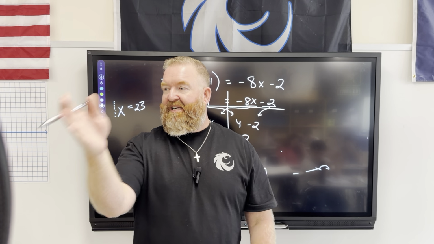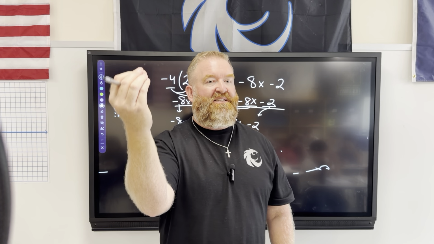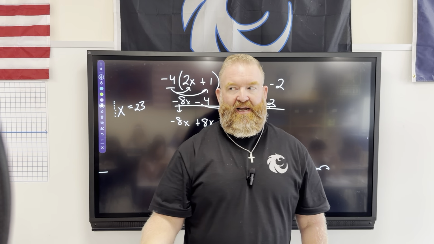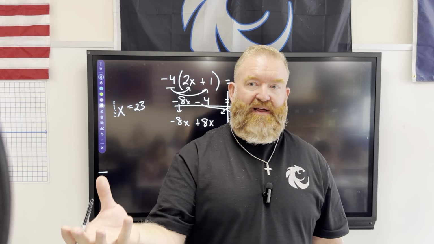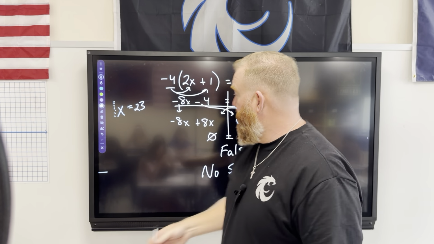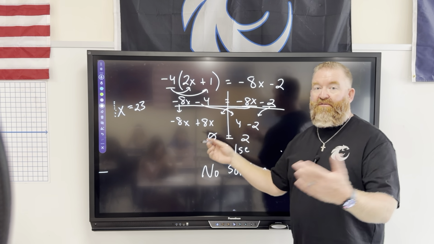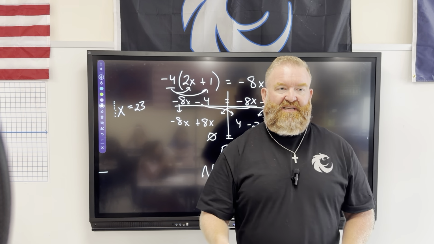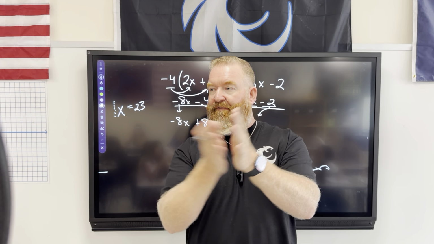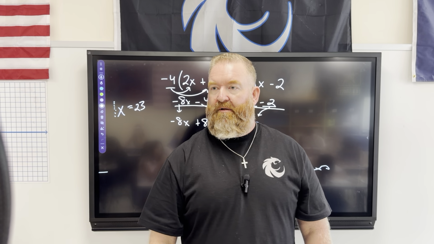But if you say x equals, you're telling me that x still exists, and it didn't cancel out. Does that make sense? As long as the x is still there, it hasn't canceled out. But if you end up with -8 and +8, or -3 and +3, or 5 and -5, or whatever, if they cancel themselves out, you only have 2 options, true or false. That's all you have. Does that make sense?